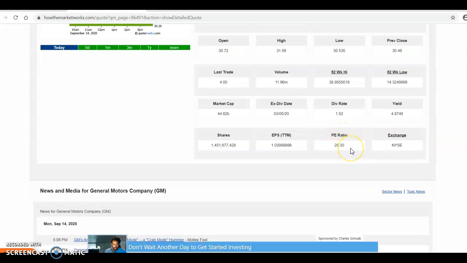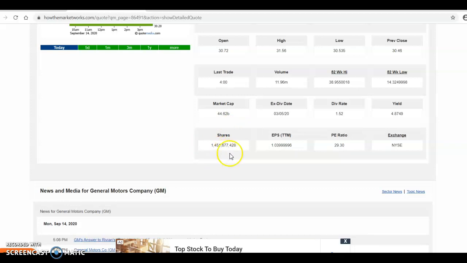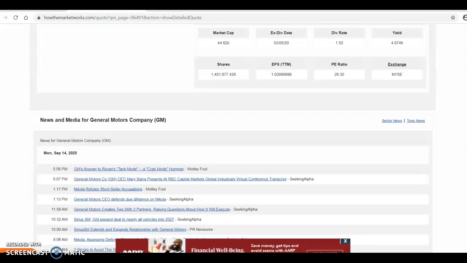PE ratio is a number that a lot of analysts look at, and the EPS, here's that, which is also another number that a lot of analysts look at. And how many shares are outstanding right now? 1,451,000,000 shares are outstanding right now.